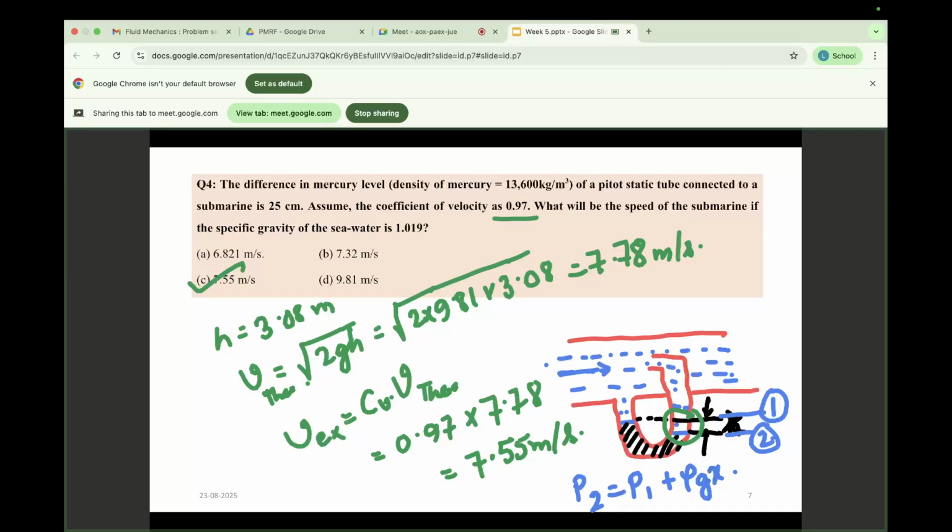This is P2, so this can be written as rho mercury into g into H. So correspondingly we can find out this value of H. And after finding this H, I have to calculate the theoretical value, which is root 2gH, and I can find this. But here a coefficient of velocity is given. That means there are some losses, so that's why this coefficient is given. So we have to multiply this with the theoretical value. Then we will get the exact value. That's why we have multiplied. So now you got this.